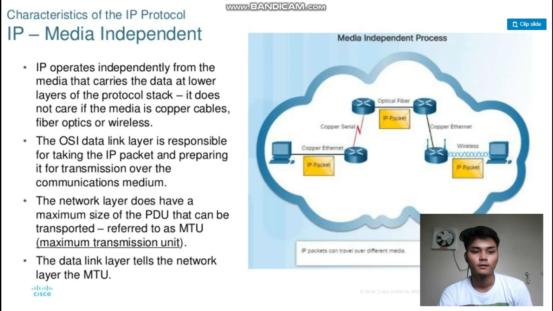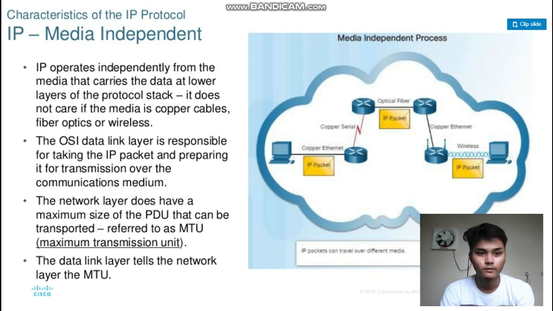IP is media independent, so it operates independently from the media that carries the data at the lower layers of the protocol stack. It does not care if the media is copper cable, fiber optic, or wireless. So we have types of media: copper cable, fiber optic, and wireless.